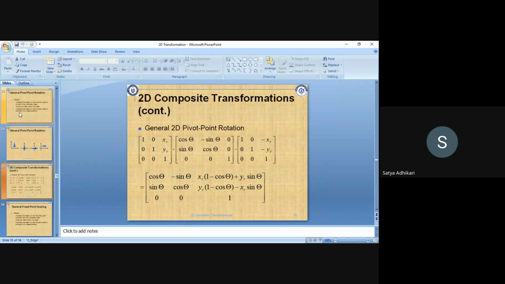First is the translation: 1 0 XR, 0 1 YR, 0 0 1. Then rotation: cos theta, minus sin theta, 0. You know that this is the rotation transformation matrix. First one is the translation matrix, and the last one is the inverse translation matrix, with minus XR and minus YR.